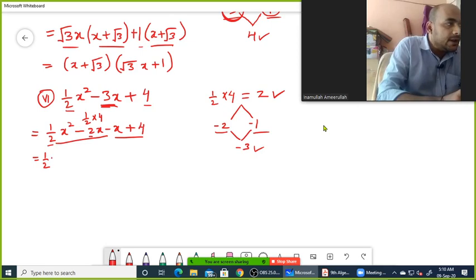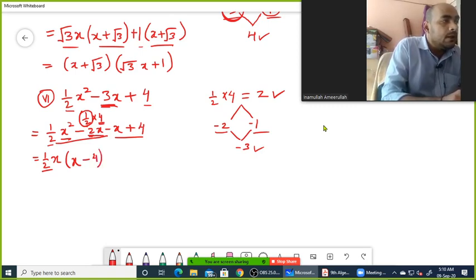As well, x can be taken out as a common factor. So here we have one factor of x, and from this term 2 means 1 by 2 into 4. So 1 by 2 is already taken out as a common factor. So we have 4. So here I'll take minus 4. And here we can take out minus 1 as a common factor.